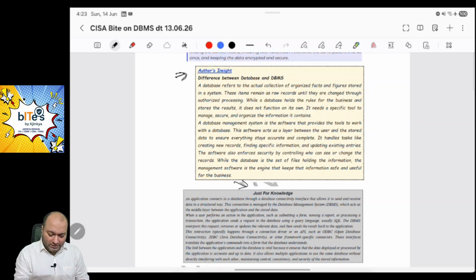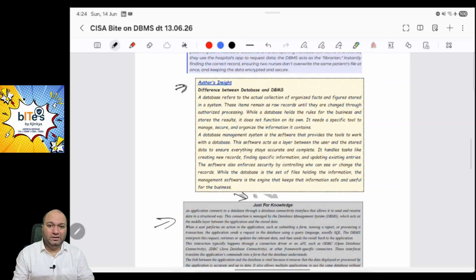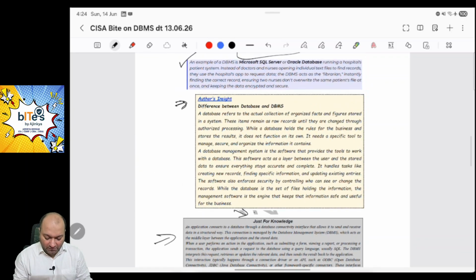The reason for telling this is you will know why this is important. Just for knowledge is just for the understanding. It won't be asked in the CISA exam. This will help you understand the concept. And author's insight is on similar lines, where we generally tackle the various questions that people have. We have already tackled this DBMS and the difference between database part over here.